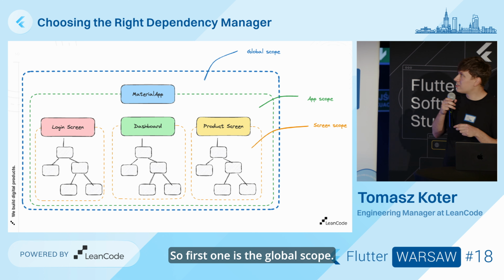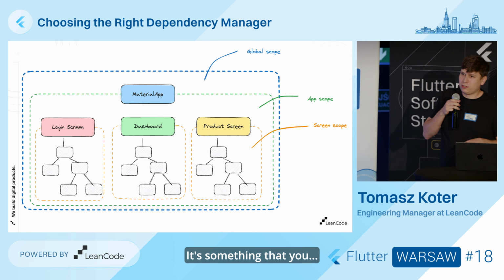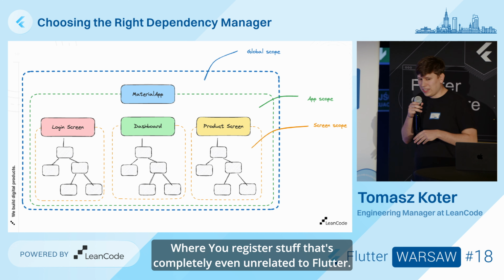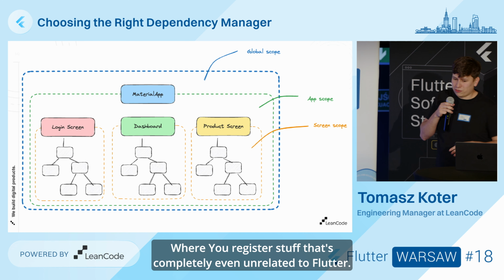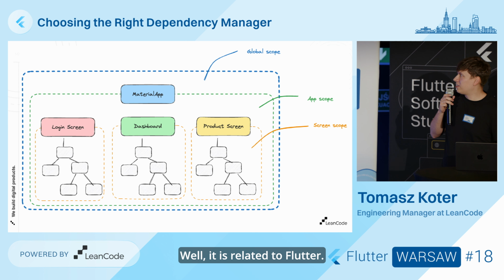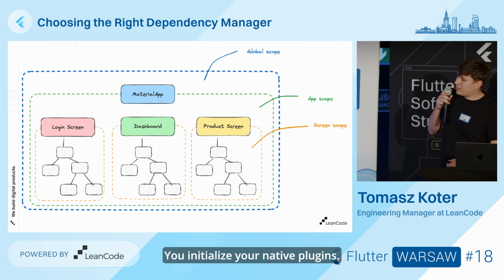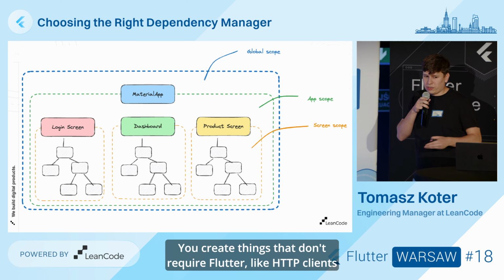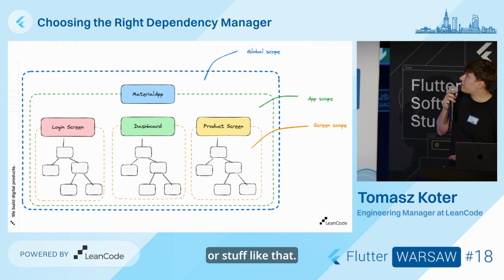The first one is the global scope. It's where you register stuff that's related to Flutter only loosely: you initialize your native plugins. You create things that don't require Flutter, like HTTP clients or stuff like that.